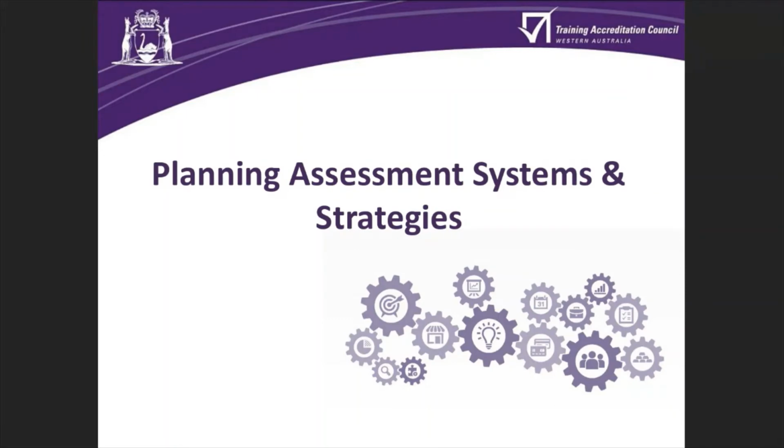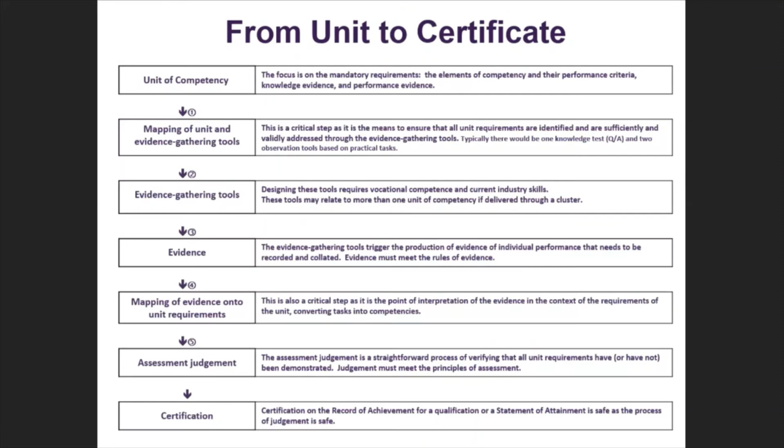We're going to look now at planning, assessment systems and strategies. And if you turn in your pre-reading to page 7, you'll find this slide, which is possibly a bit hard for you to read on your screen. So we've taken the liberty of printing it here on page 7 of your pre-reading.